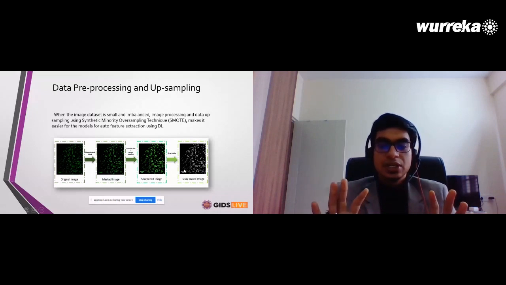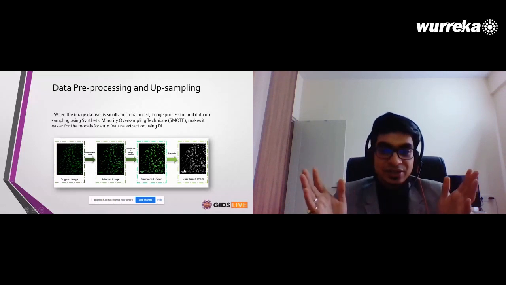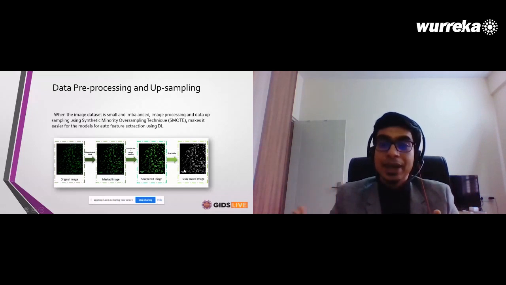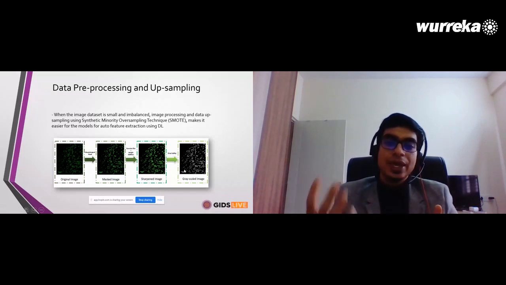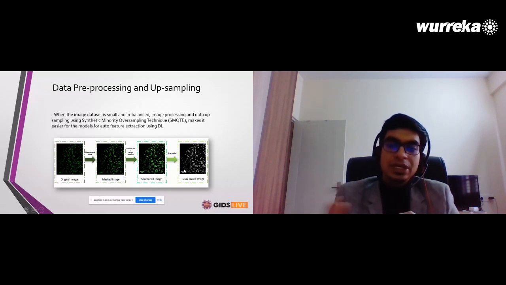Now that was about the pre-processing part, but the major challenge we had was not only that the data set we had was small, but it was imbalanced. So we had to come up with a way to fight the data imbalance problem. Data augmentation is one of the popular approaches which people normally take, but when we went for just data augmentation, the results that we got were not that good.